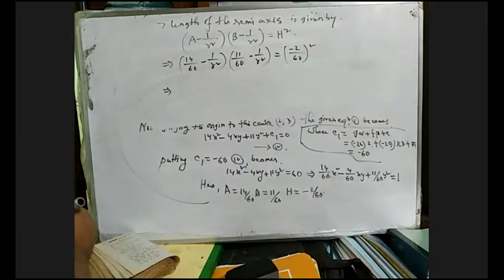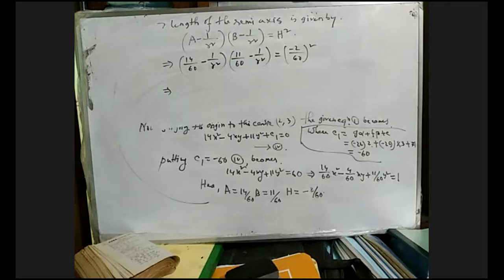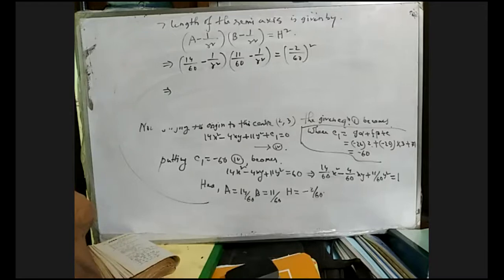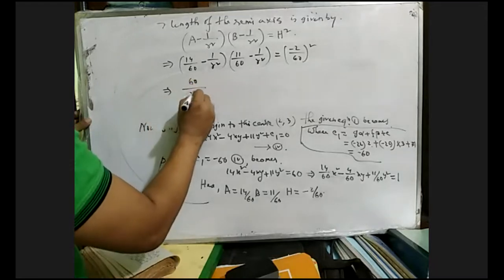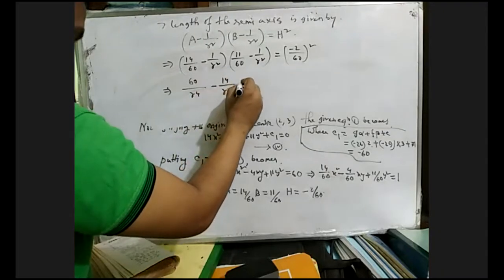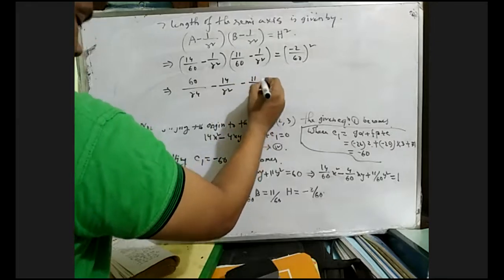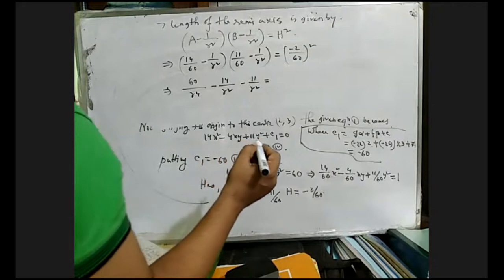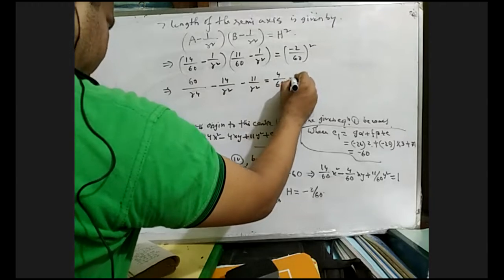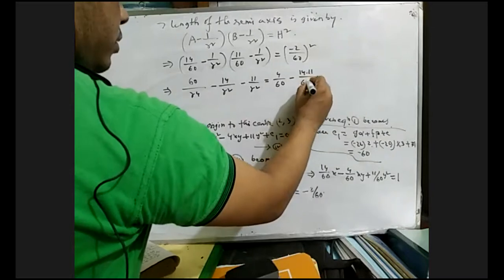Actually, by multiplying this and this, we get 60 divided by r to the power 4 minus 14 by r square minus 11 by r square equals 4 by 60 minus 14 into 11 by 60.